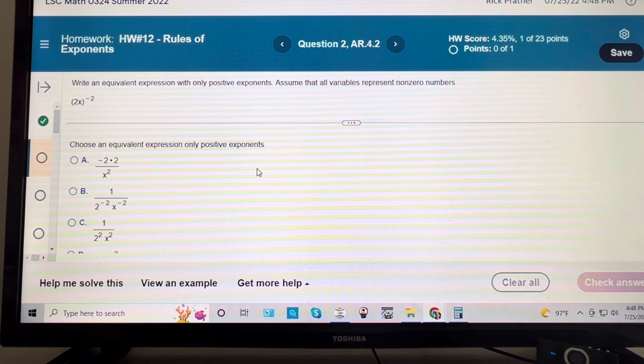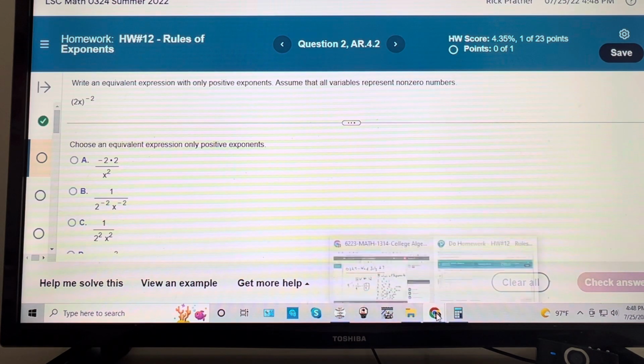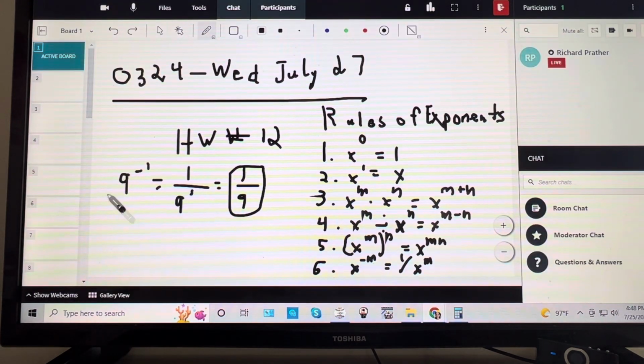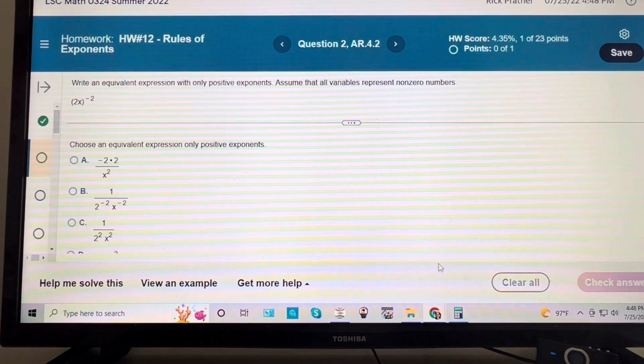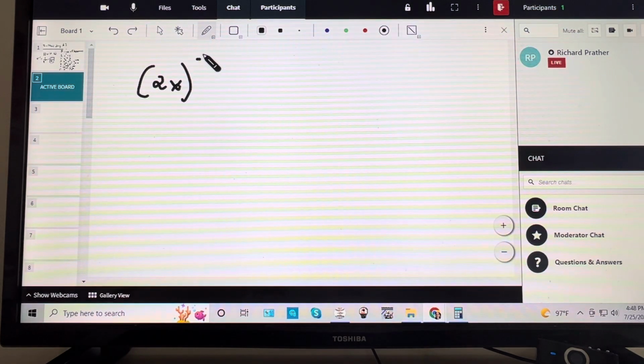And then also, this is a good point right here. Let me do this over here. There's a difference between 2x in parentheses to the negative 2, versus 2x to the negative 2 without parentheses.